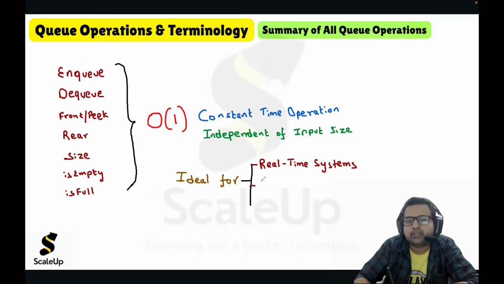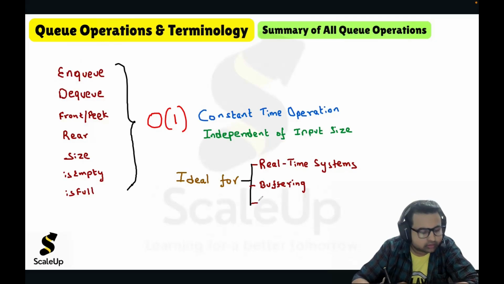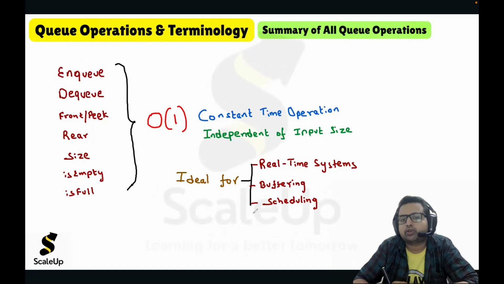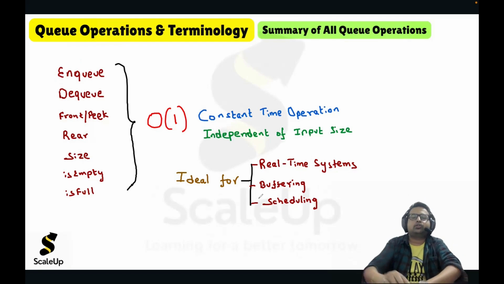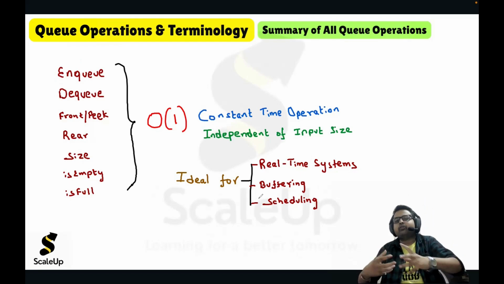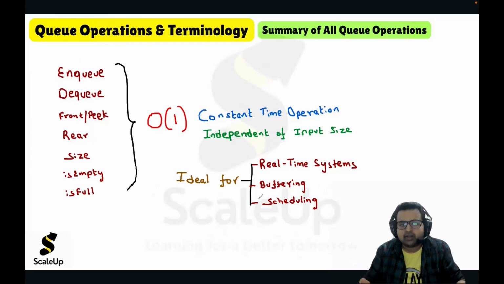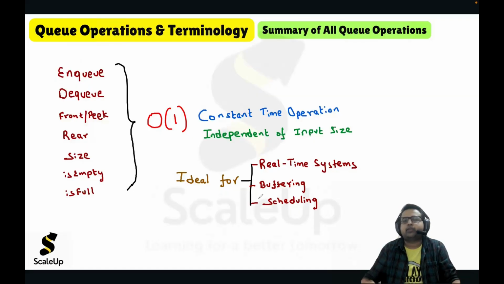In real time systems, queues have very good applications in buffering, because speed matters a lot in buffering, or in scheduling, wherever there is scope for first come first serve. The scope of first come first serve along with constant time operation makes the queue an ideal data structure for real-time systems, buffering and scheduling.